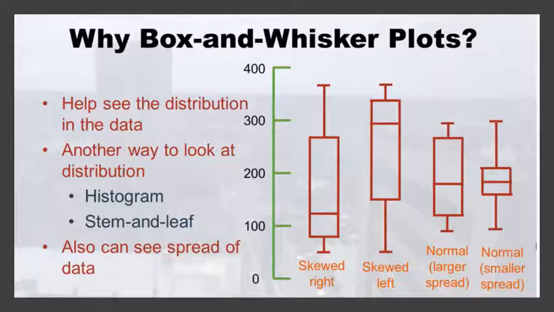Here is a scale you can refer back to, to see whether you have a skewed right distribution, skewed left, or a normal distribution. Remember, normal is like even. Notice how these are both even distributions. So we have normal distribution, skewed right and skewed left.